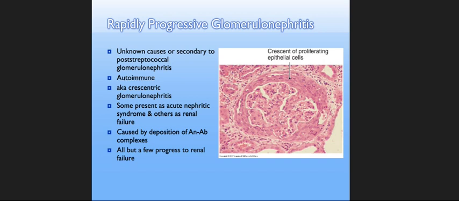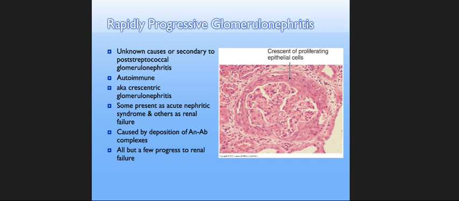Some patients present as acute nephritis, as acute nephritic syndrome. Acute nephritic syndrome means there is hematuria and red blood cell casts. Others may present with renal failure from the beginning. So from the name rapidly progressive, it holds a very poor prognosis. Again, it is caused by deposition of antibody complexes.